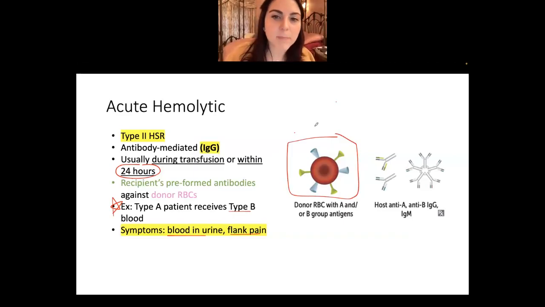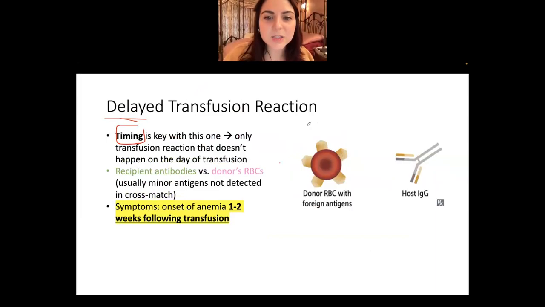Really bad. Those are major antigens present on the surface of the red cell. This is usually minor antigens. So when you do cross matches, you do a major cross match and a minor cross match. If you just do a major cross match, you would miss this. The minor cross match is detecting these other random antigens that would be present on the surface of the red cell.